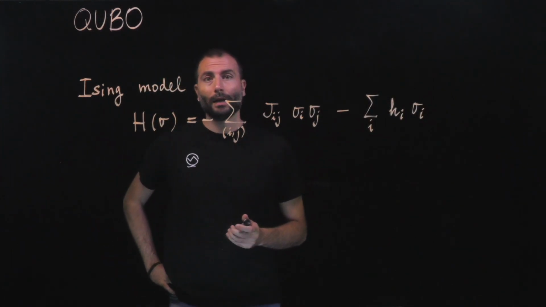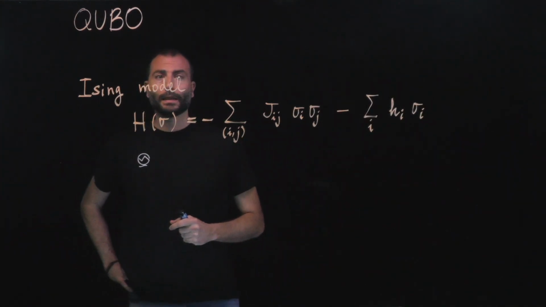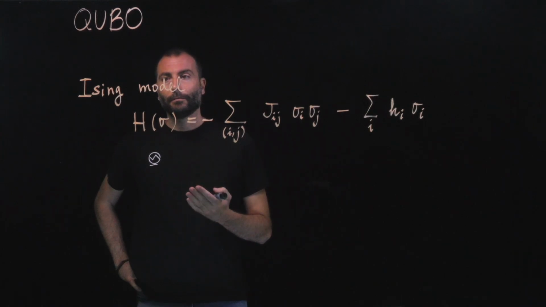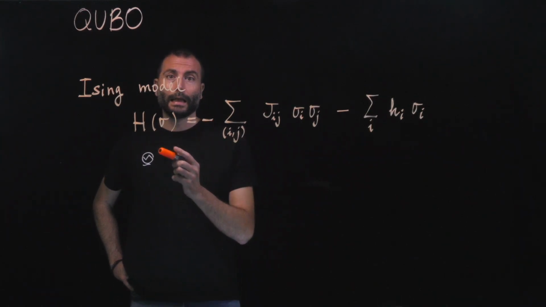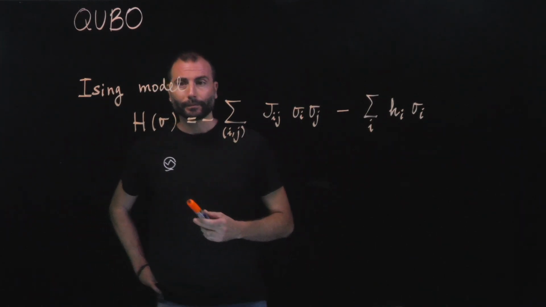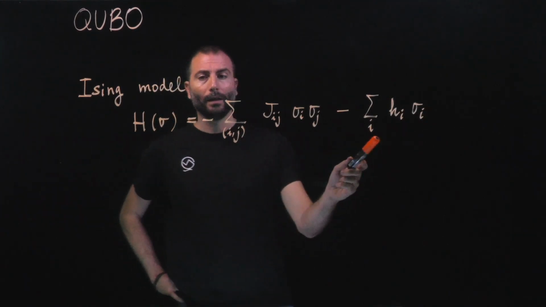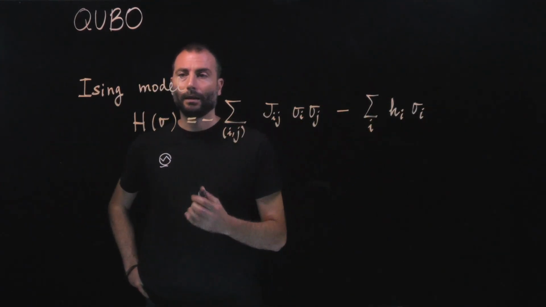One last thing that we would like to mention about the QUBO problems is that they can be put in correspondence with the classical Ising model. So this is the Hamiltonian of the Ising model, and as you can see, this is a quadratic Hamiltonian.